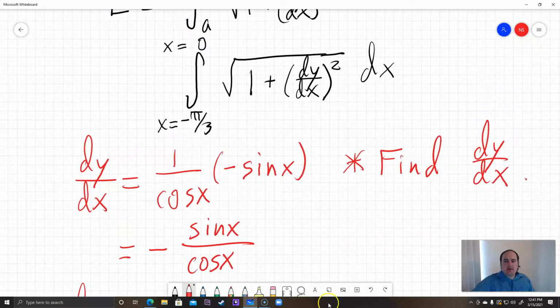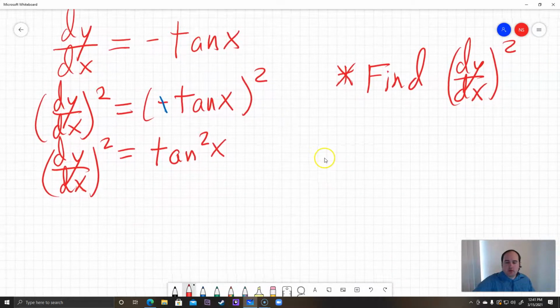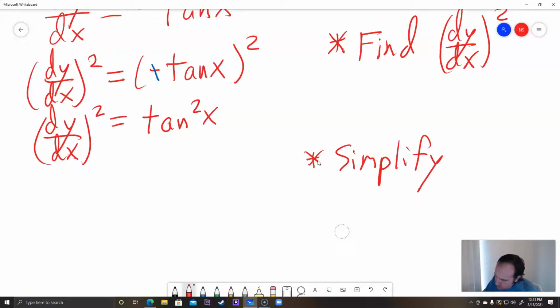Now that we have dy dx quantity squared, we want to simplify the square root of 1 plus dy dx quantity squared. We want to simplify that expression. That's called the integrand, and the integrand is what you have inside of your integral.